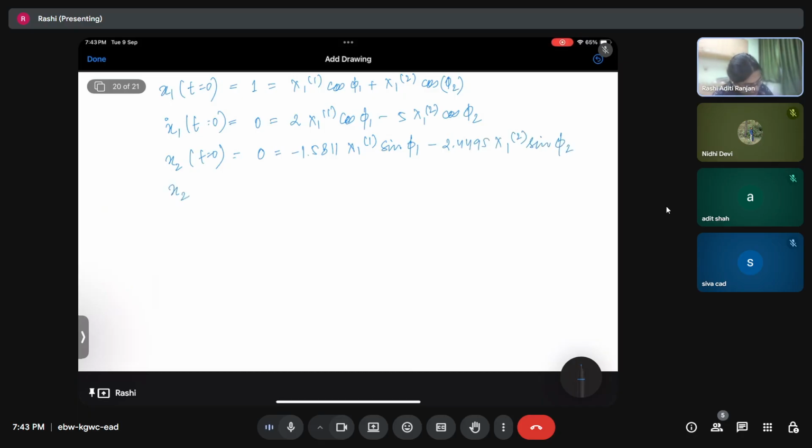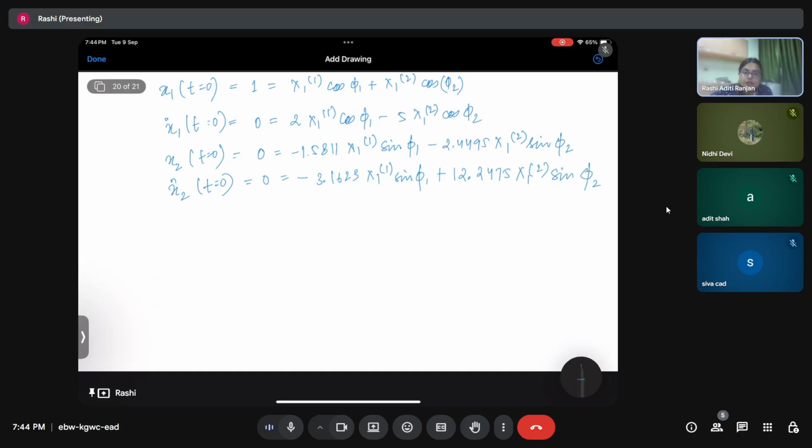And x2 dot at t equals 0, which is again 0, is going to be minus 3.1623 x1 of 1 sin phi 1 plus 12.2475 x1 of 2 sin phi 2.